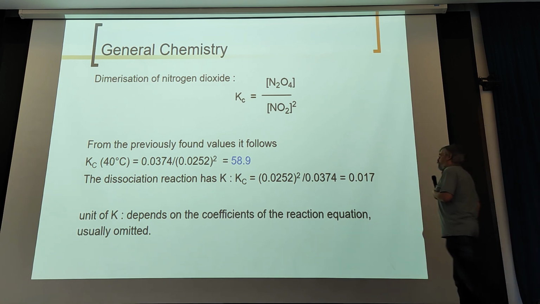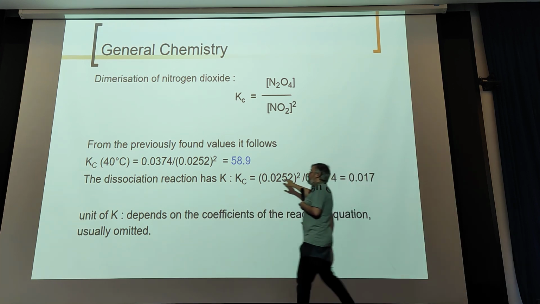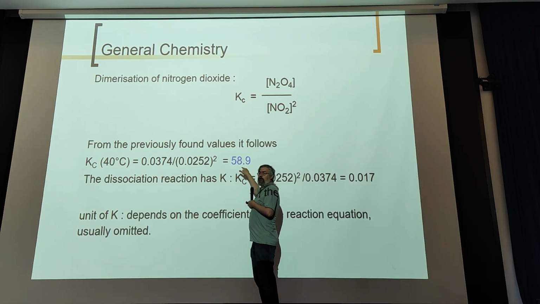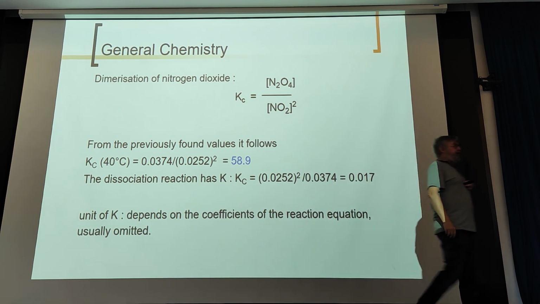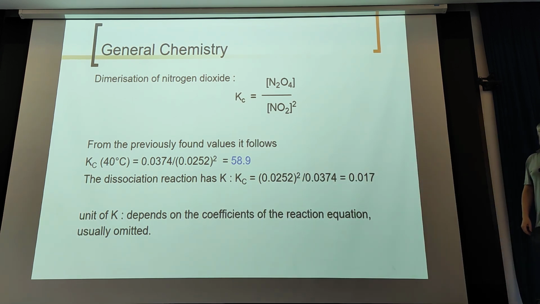So that means we could calculate again, but in fact we could just also say 1 over 58.9. And then we arrive at 0.017. So this is a small K, so that means that dissociation is actually not a very favorable reaction.